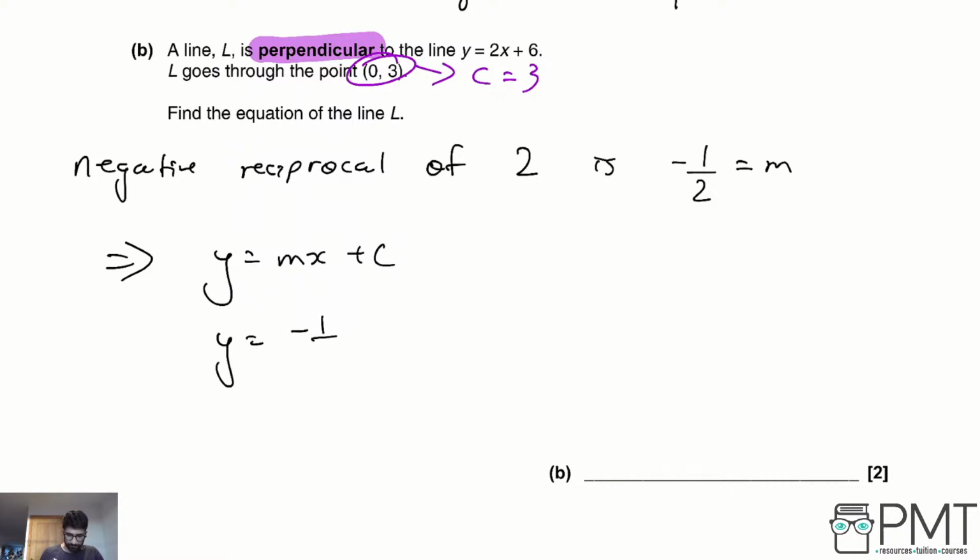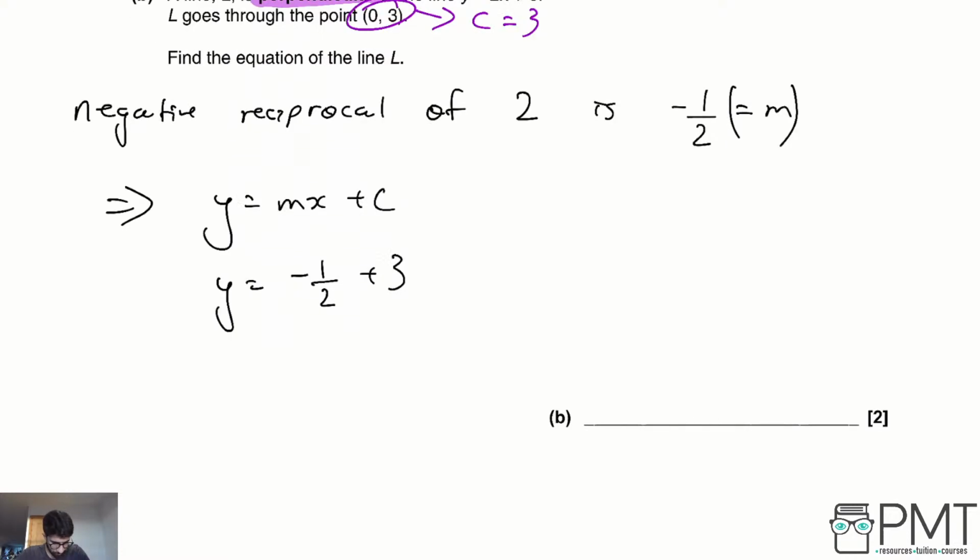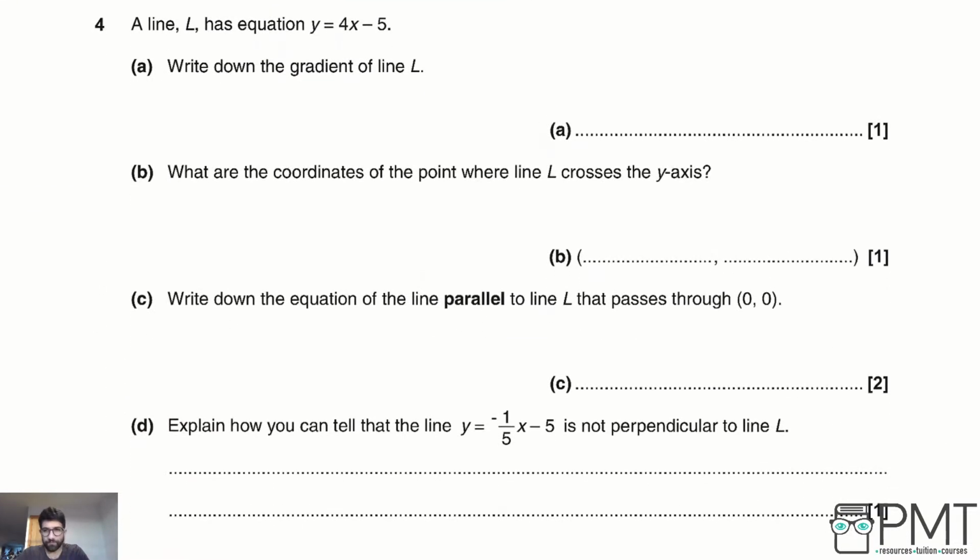Y is minus a half x plus 3. So that should be your equation for the perpendicular line. We took the negative reciprocal, and that is going to be the new gradient. Let me know if you have any questions about this one, whether you agree or not. And I am going to move to question 4.